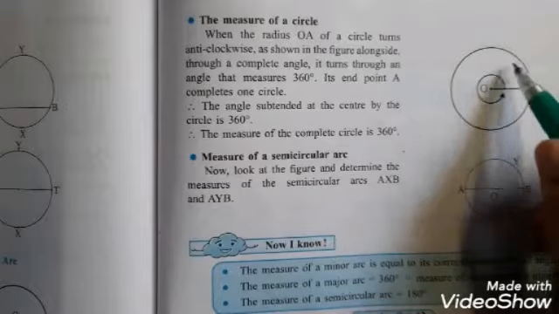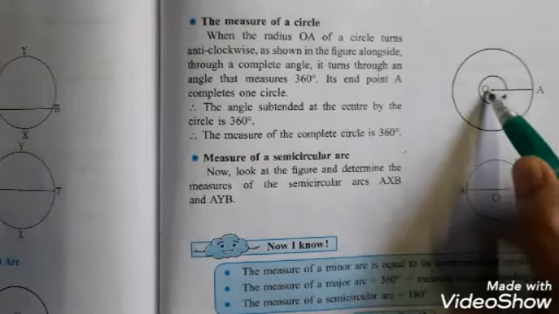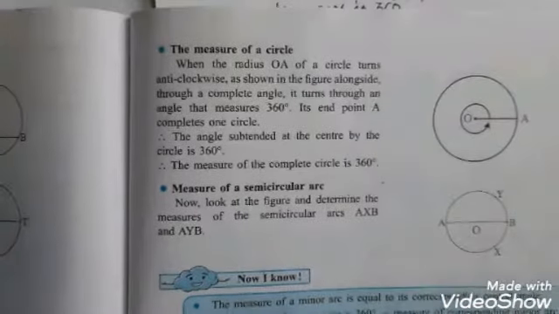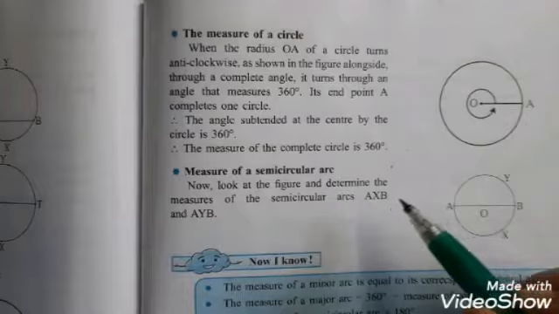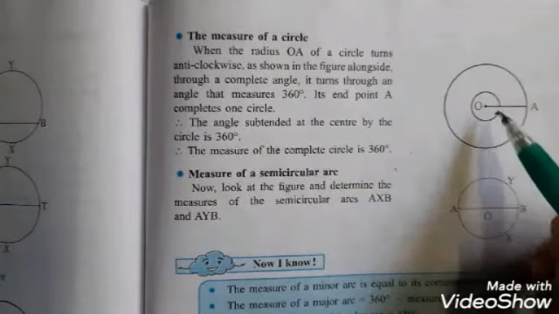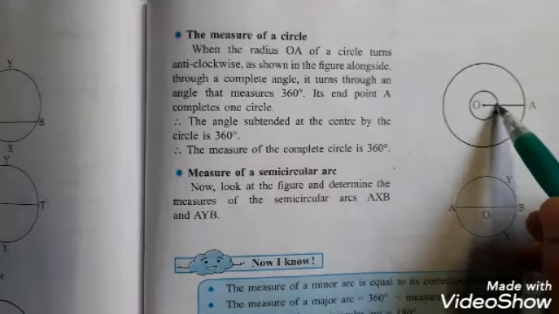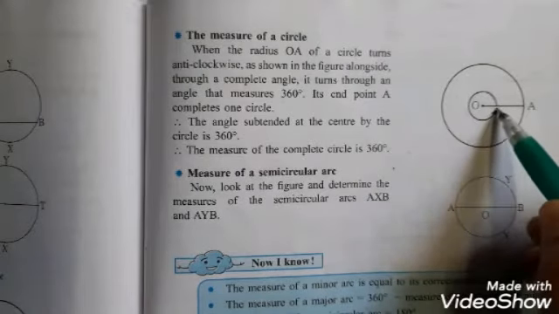We can see this is an entire circle. In this circle, OA is a radius. Segment OA is the radius of a circle. So when the radius of a circle turns anti-clockwise, as shown in the figure, it completes a complete angle.